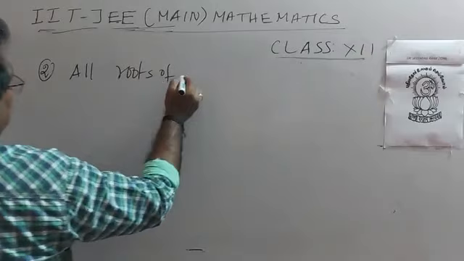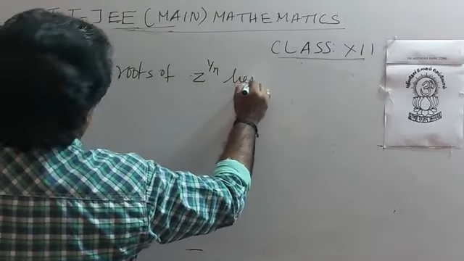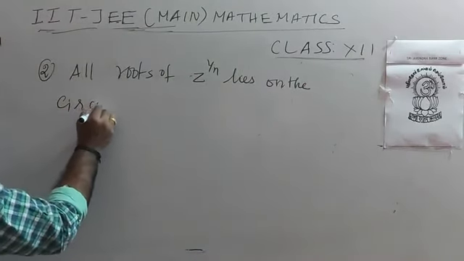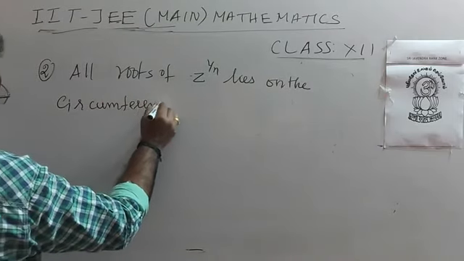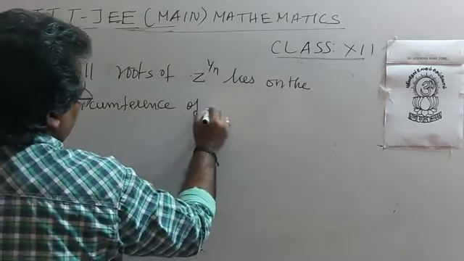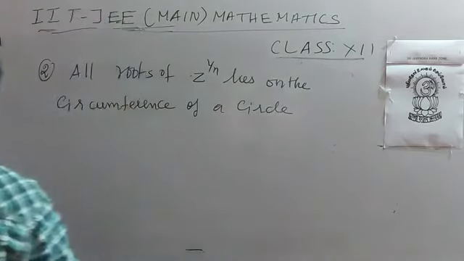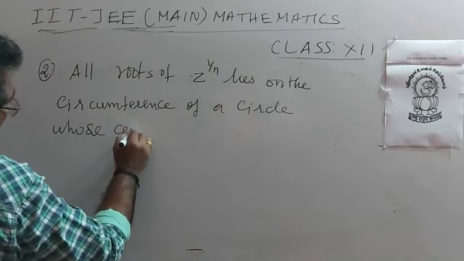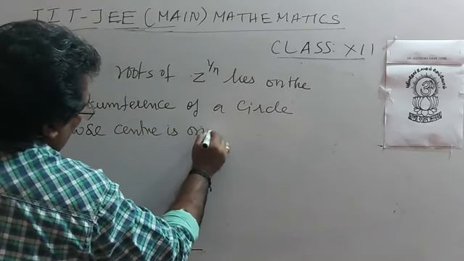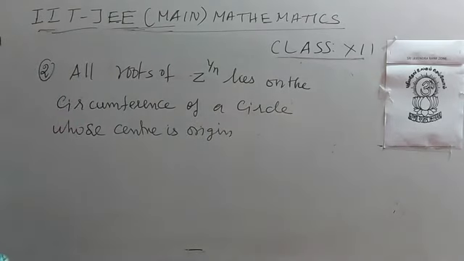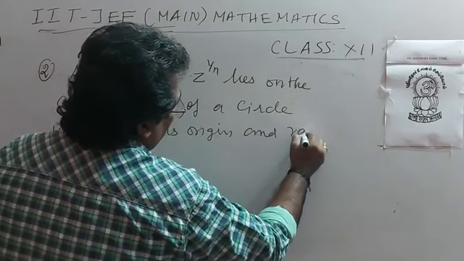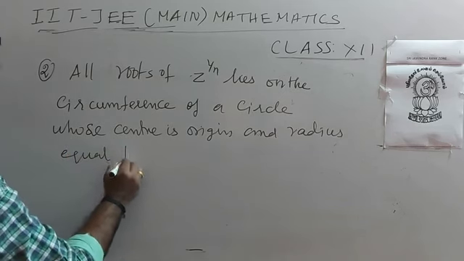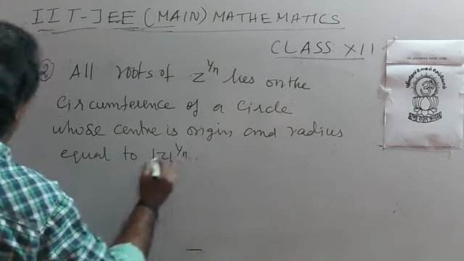All roots of z power 1 by n lie on the circumference of a circle whose center is origin and radius equal to modulus z the whole power 1 by n.